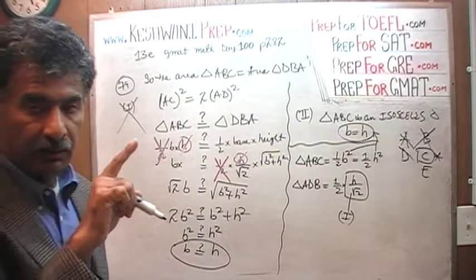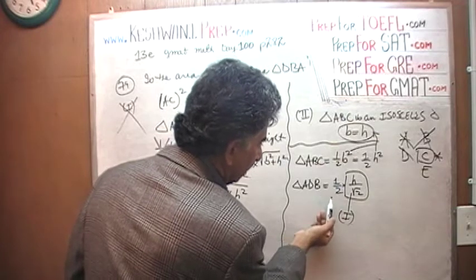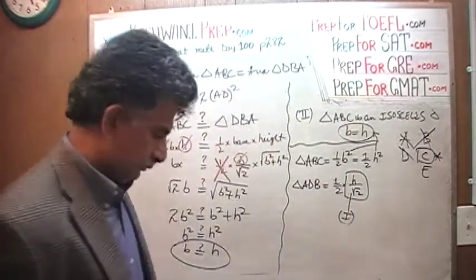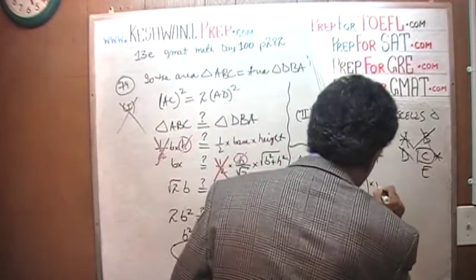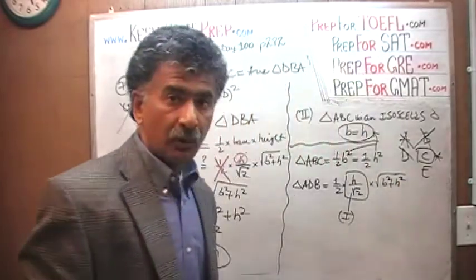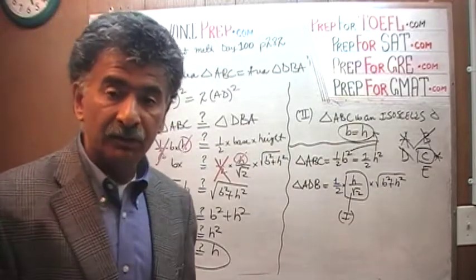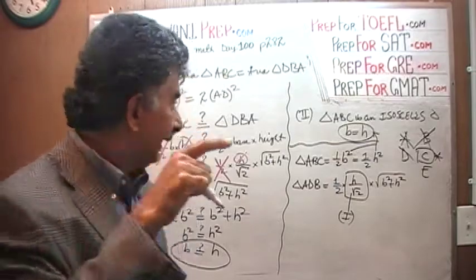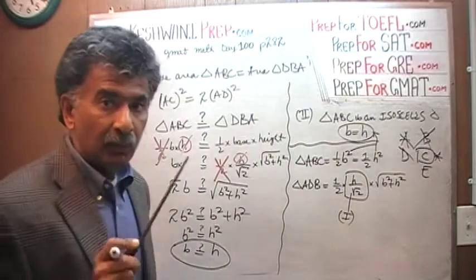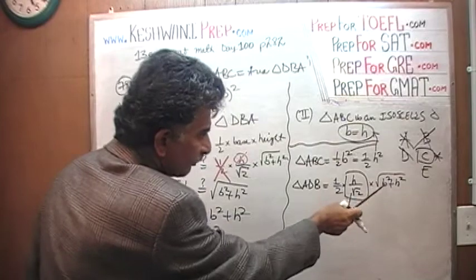In the first statement, the relationship that they gave us boiled down to the fact that the base of the second triangle ADB was h over √2, and the height we found out was the square root of b squared plus h squared. My diagram is gone, so I cannot actually point to it. Refer to your picture and you will see that the height of the triangle DBA was the hypotenuse of the triangle ABC, which was this part, the square root of b squared plus h squared.